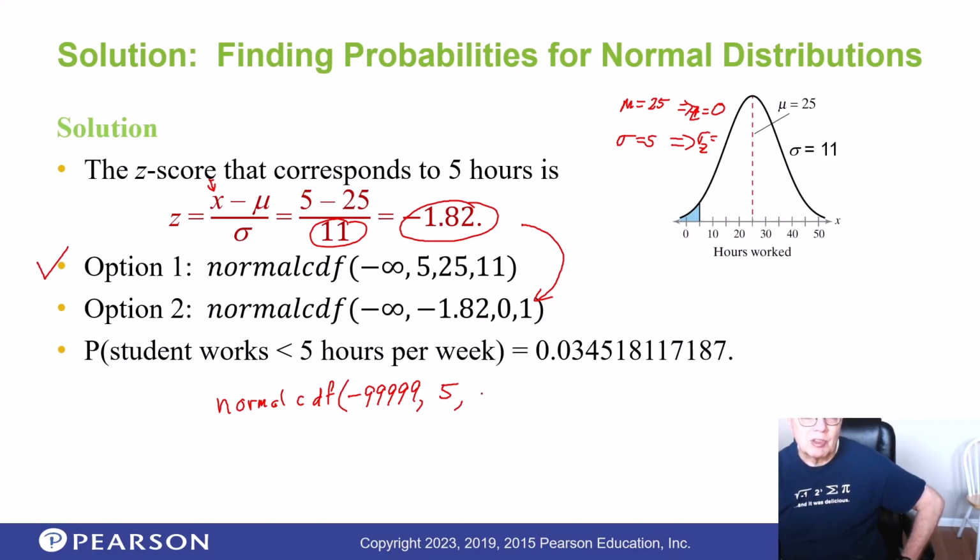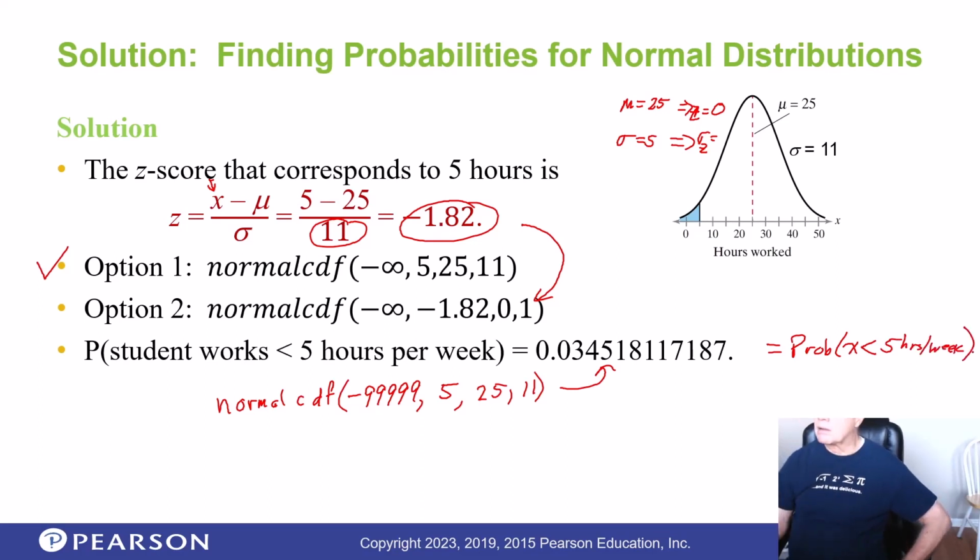We don't have to stick with the standard using z-scores. We can just put these in directly. The mean is 25, the standard deviation is 11, and there's my answer. What is this? Remember, this is the probability that the random student we pick works less than 5 hours per week. There you go. You can become an expert at this, don't you think?